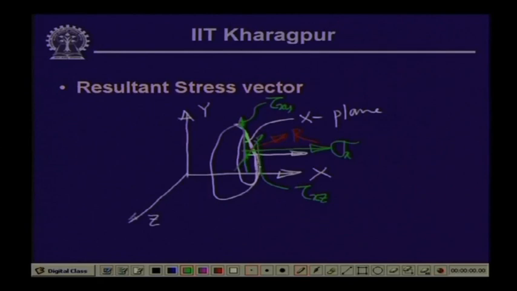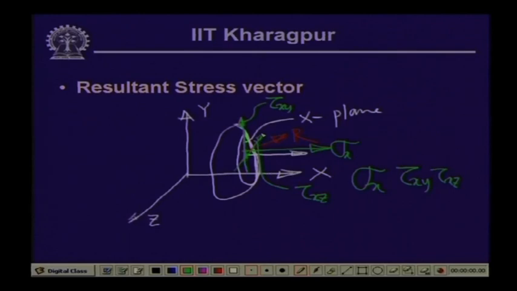Thereby, on this particular plane, the x plane, we have 3 stress components: one is normal to the plane, and the other 2 are in the plane, in the direction of y and z. The normal stress we call sigma x, and the other 2 components which are in the plane we call shearing stresses, and they are tau xy and tau xz.